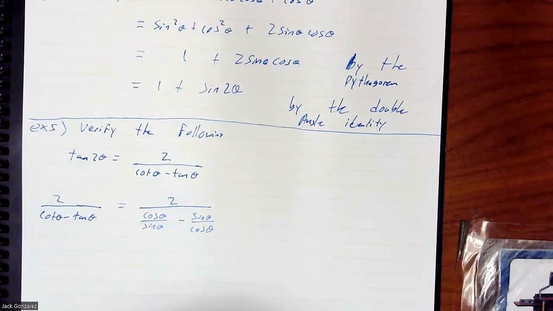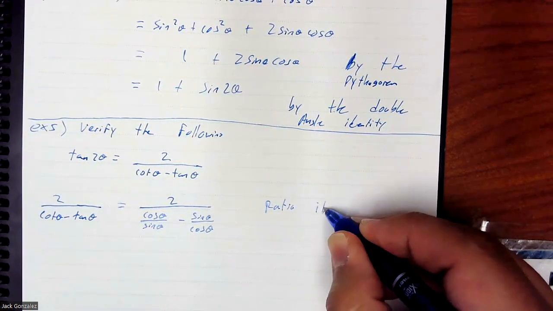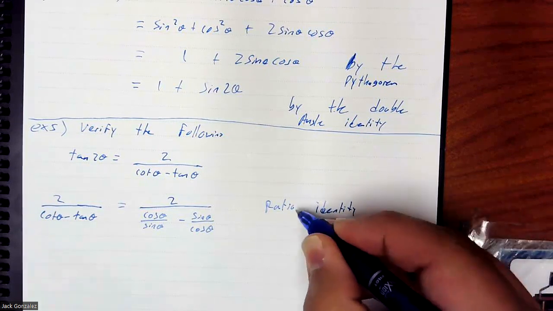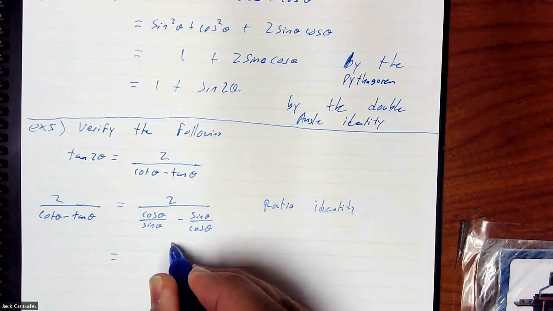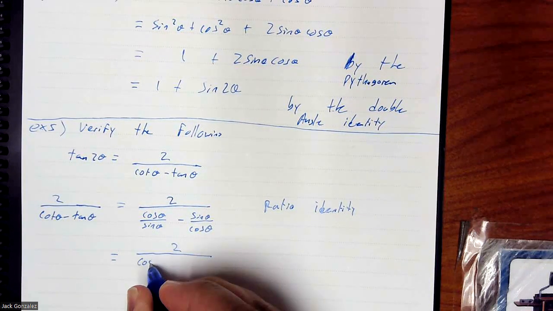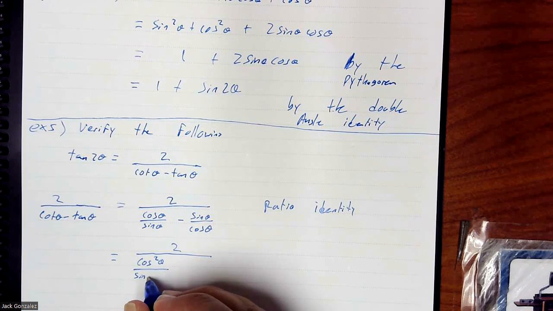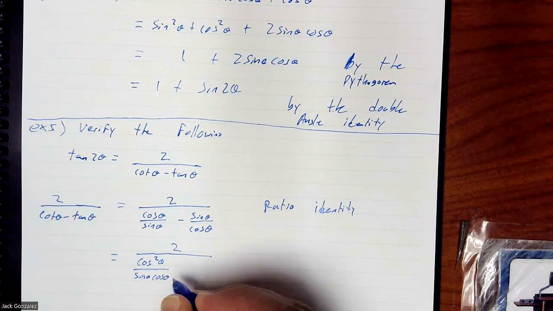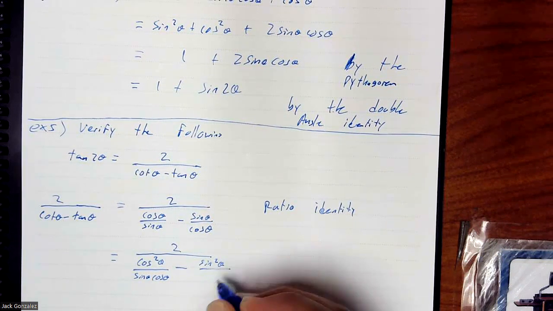Using the ratio identity. Subtract those fractions. Get the common denominator, you'll end up with cosine squared minus sine squared over sine cosine.